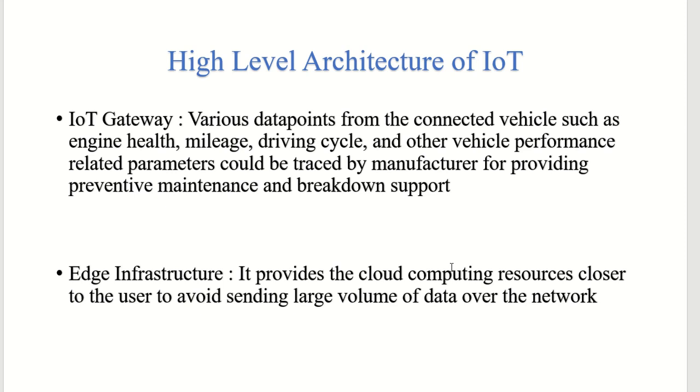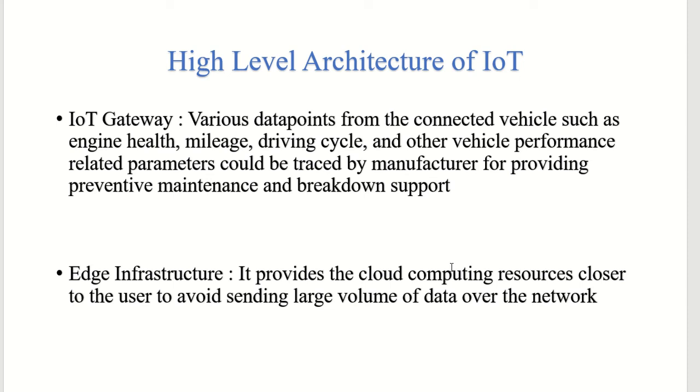Now we have the IoT gateway. There could be several IoT devices in industrial settings, right? For example, if you are using a car which is connected to different devices or different things, then there could be several cars on the road from the same manufacturer connected to different things, right?